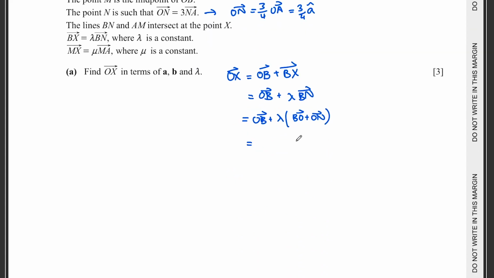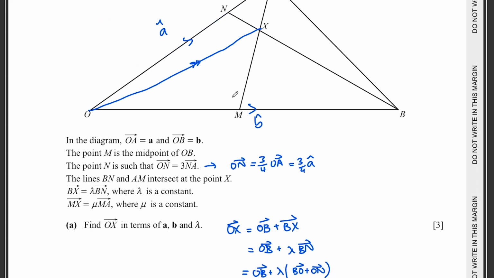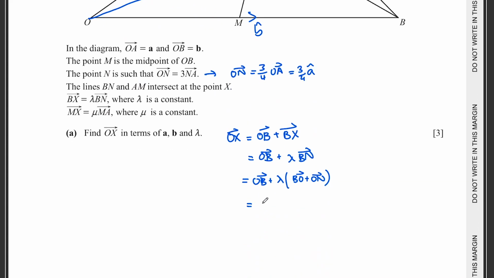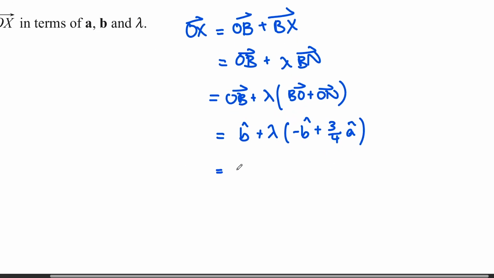BO we also know is negative b, so everything will be in terms of a, b and lambda from this point. So OB, that is b, plus lambda times negative b plus 3/4 of a. Let me just clean this up a bit.